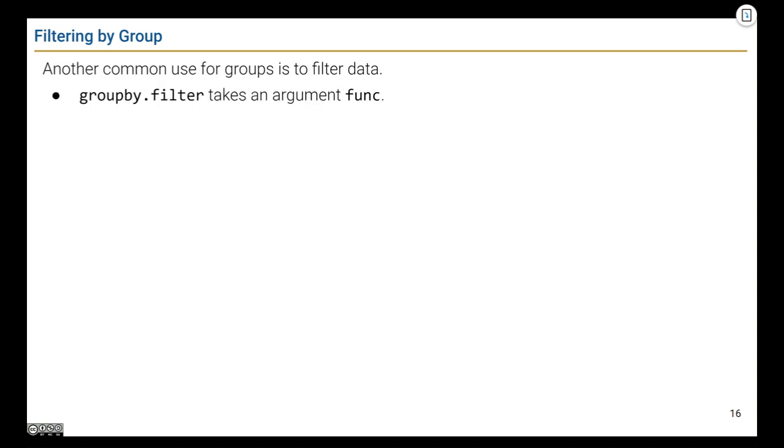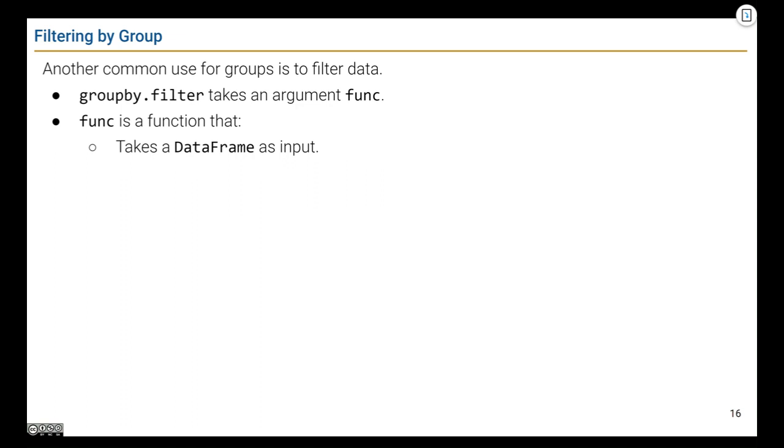And finally, the last thing we can do with the group by functionality is actually a process called filtering. So in this case, you're going to group on some column, and then you're going to call .filter instead of .agg. Filter is going to take an argument function, and this function is very specific.